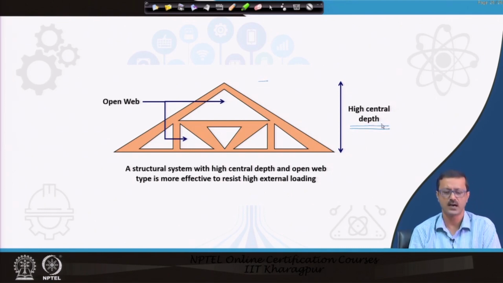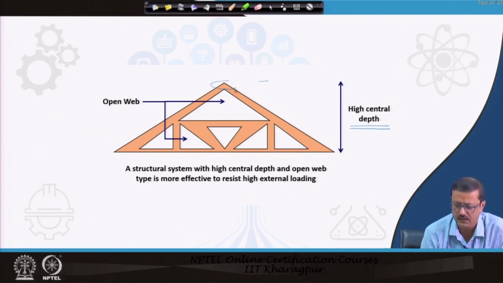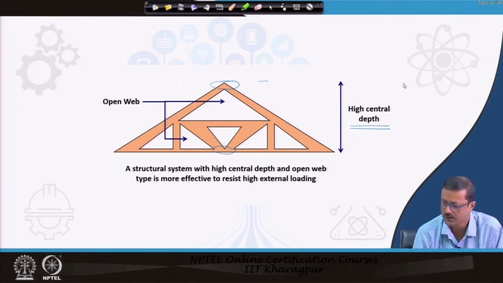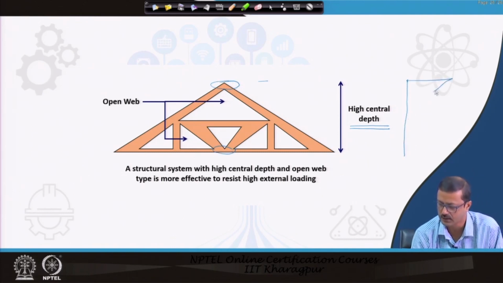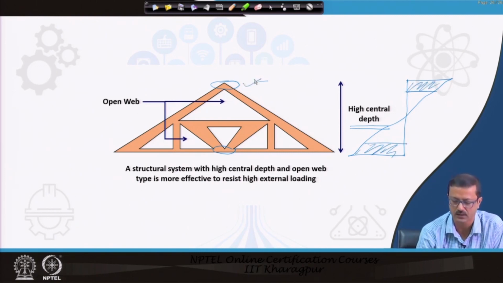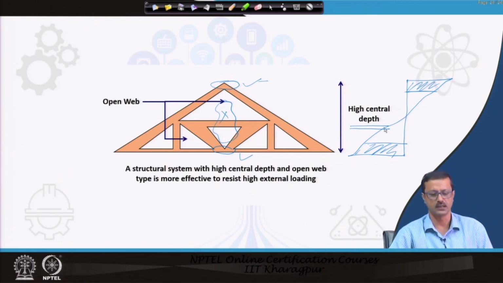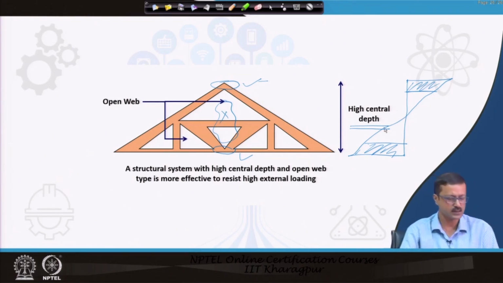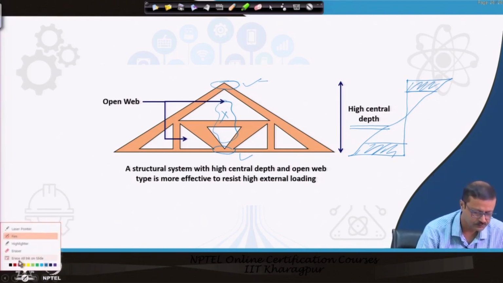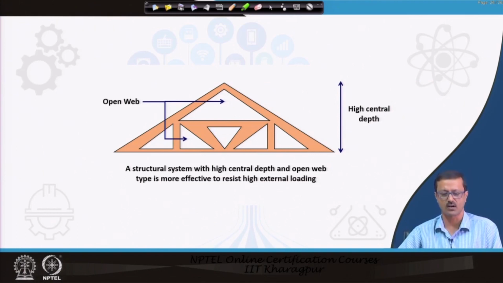But the higher critical depth means I need material at the top and at the bottom, because even if it is higher, I know that the stress diagram will be like this, and you have to encounter the high stress value at the top and bottom. So, you require material at the top and bottom. Centrally we may not require that much, I mean you require it, but not that much material. So, what can we think of? We can think of a kind of structural system which I have just drawn. It is a very theoretical kind of structural system.